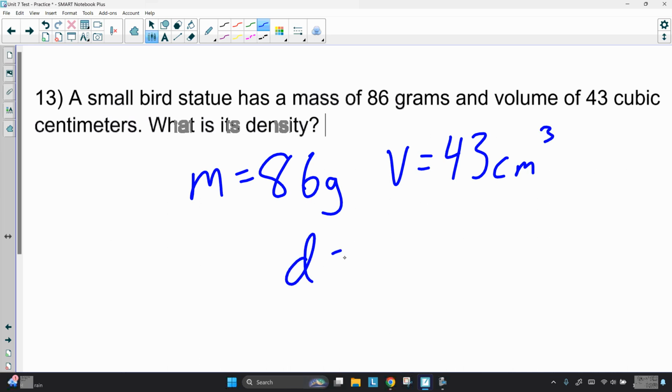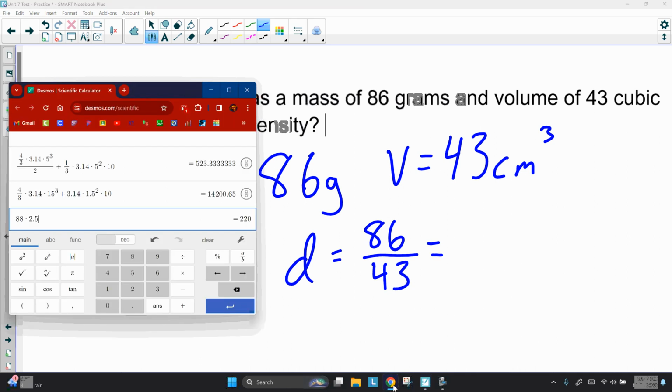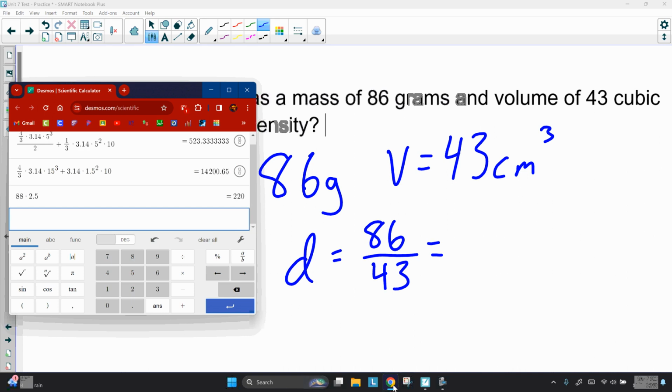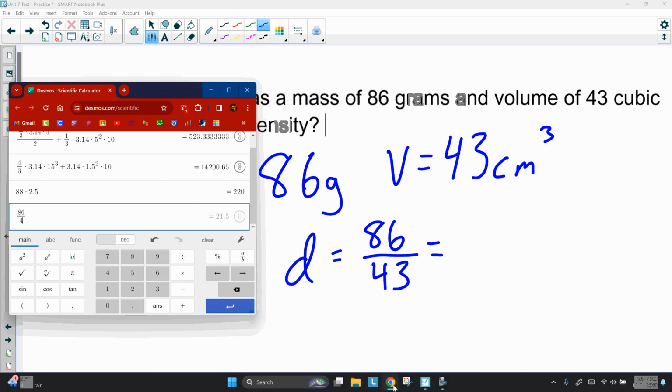Again, Desmos to the rescue. 86 divided by 43, and we get a whopping 2. 2 grams per cubic centimeter is our answer.